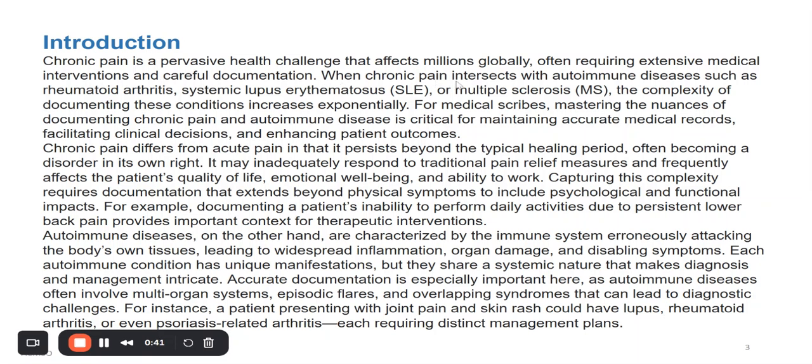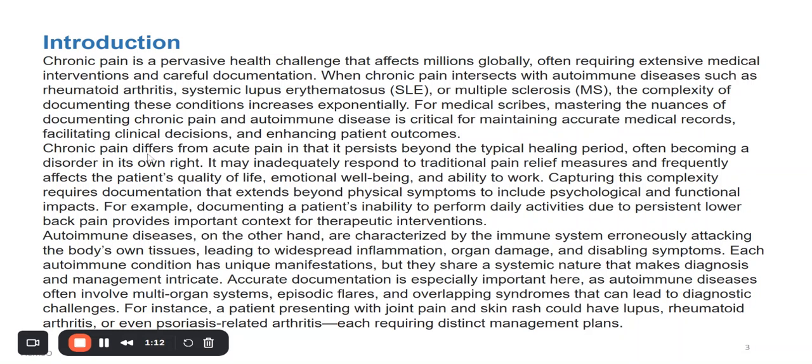When chronic pain intersects with autoimmune diseases such as rheumatoid arthritis (RA), systemic lupus erythematosus (SLE), or multiple sclerosis (MS), the complexity of documenting these conditions increases exponentially. For medical scribes, mastering the nuances of documenting chronic pain and autoimmune disease is critical for maintaining accurate medical records, facilitating clinical decisions, and enhancing patient outcomes.